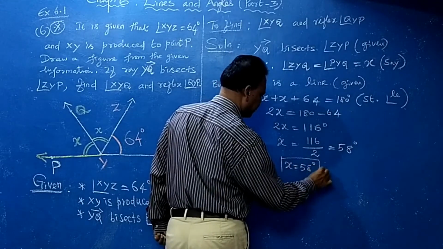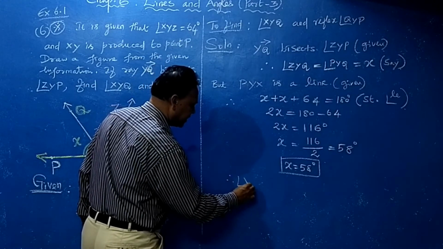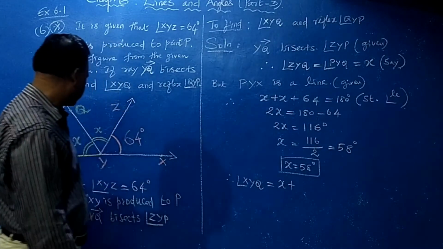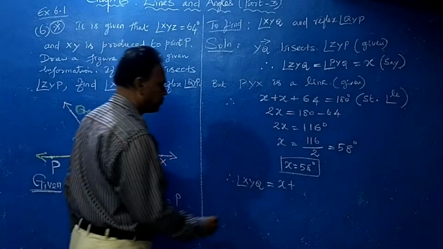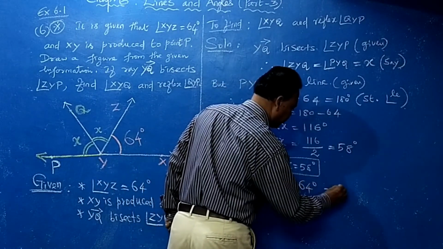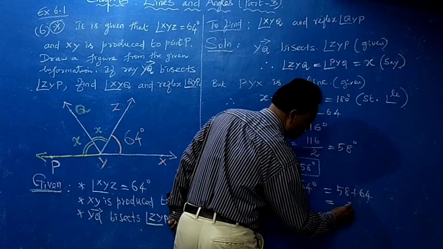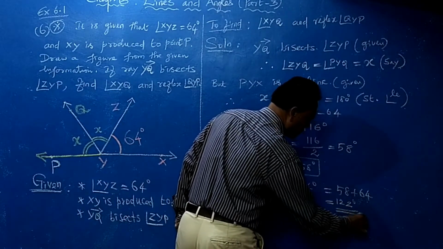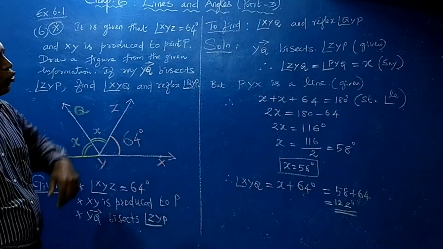Now we can easily find angle XYQ. Angle XYQ is nothing but x plus 64. X is 58, so 58 plus 64 is 122. Now we have to find the reflex angle QYP.